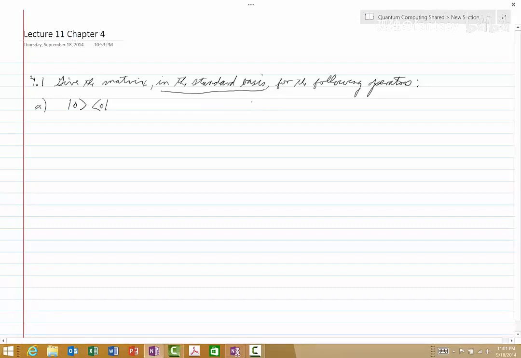For this standard basis we're talking about the kets 0 and 1 in that order. 0 is the first ket, 1 is the second ket. And the reason that's important is the following.